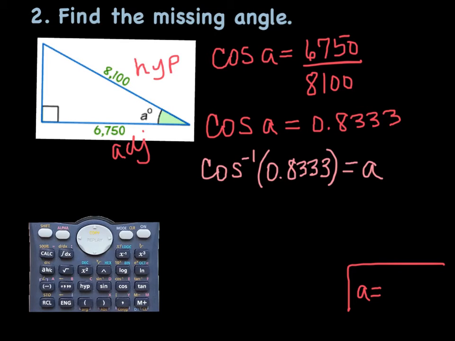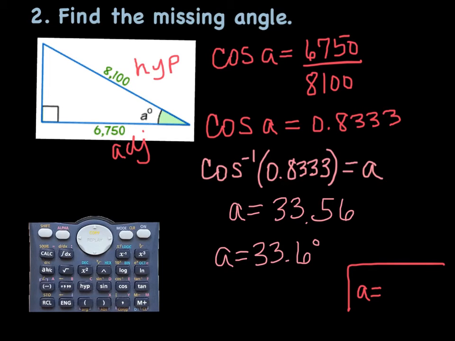And it gives me A to be 33.56 degrees. So let me go ahead and round that to 33.6 degrees. So that is our missing angle, 33.6 degrees. Pretty quick, huh?